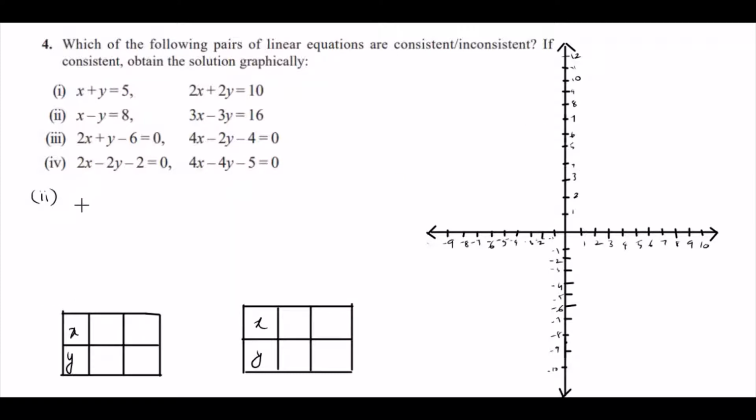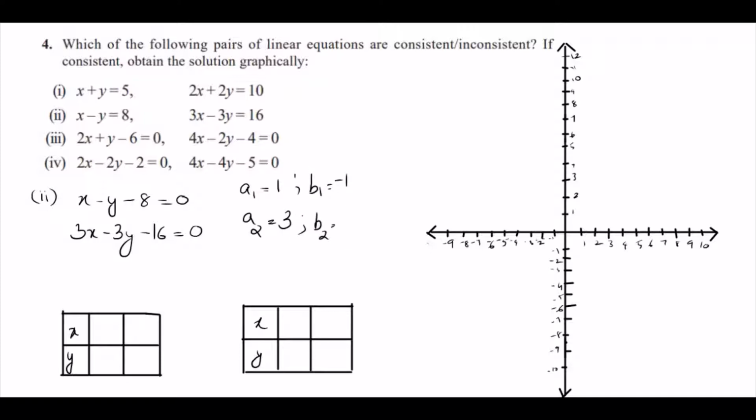The next pair of linear equations are x minus y minus 8 is equal to 0 and 3x minus 3y minus 16 is equal to 0. First write it in the standard form. After this, write the coefficients. That is, a1 equal to 1 and a2 equal to 3, b1 equal to minus 1 and b2 equal to minus 3, c1 equal to minus 8 and c2 equal to minus 16.